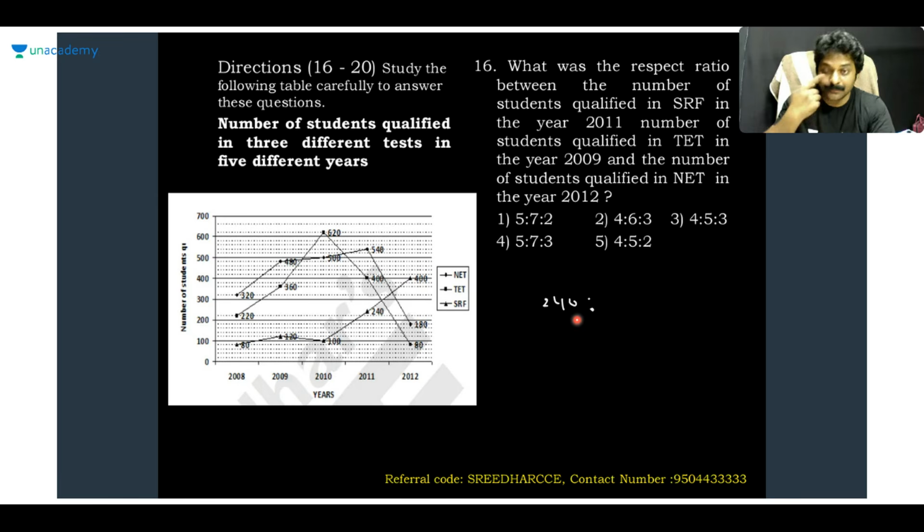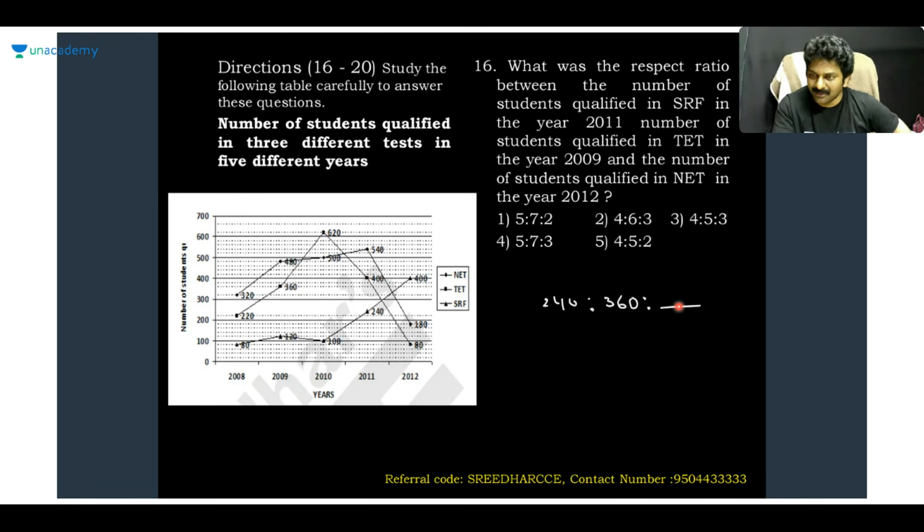And then number of students qualified in TET in 2009. TET is square value. 2009 square value. How much is that? 360. And then you also need to write one more value. Don't form a table, Nagamani, because values are clearly mentioned. That is a waste of your time.